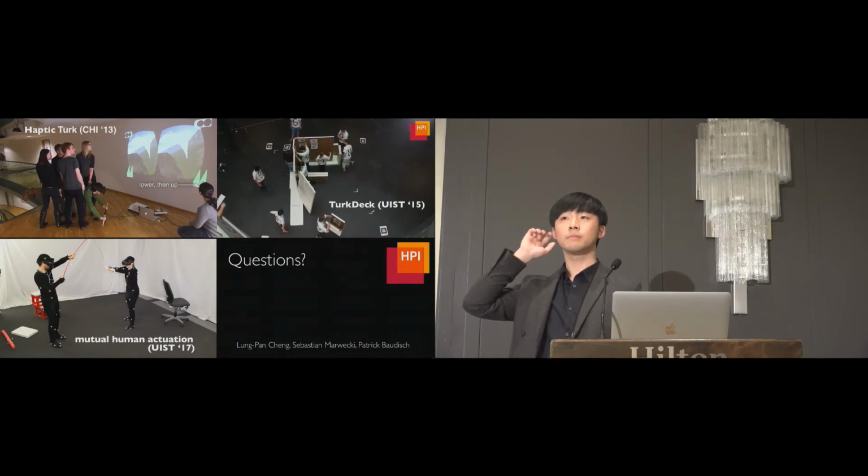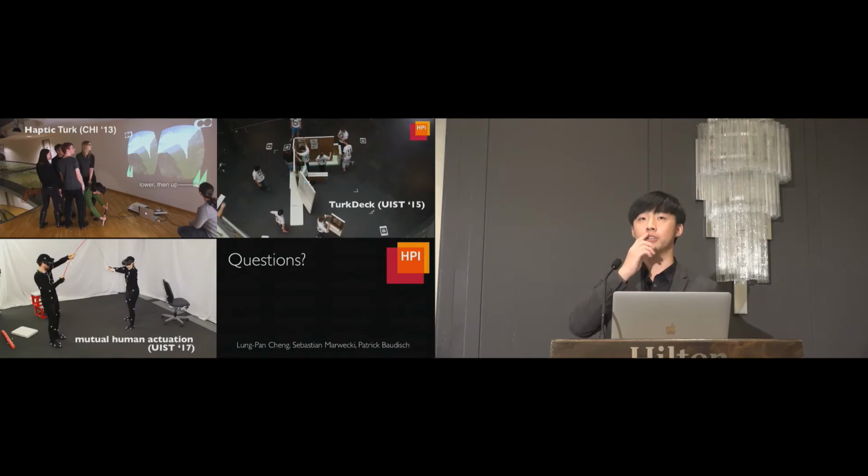For example, you have this scene where people are fishing, so I can feel the force from the other person. Imagine the game goes to the scene where I actually get the fish, so I should feel the fish jumping in my hand, or feel the force from the other side. How does the transition happen from mutual interaction to this solo scene? Do you have any comments on that?